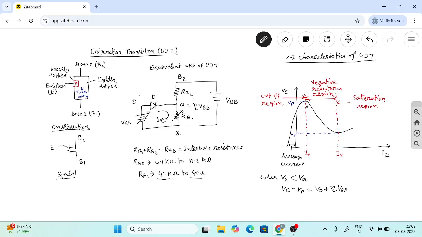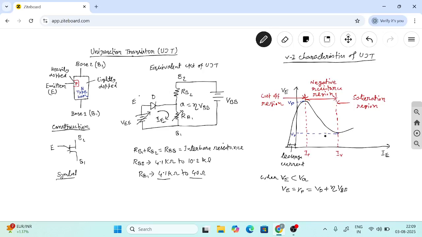So here the current increases but the voltage decreases up to the valley voltage, and the current increases from IP to IV. This state is called the negative resistance region, because current increases but voltage decreases.